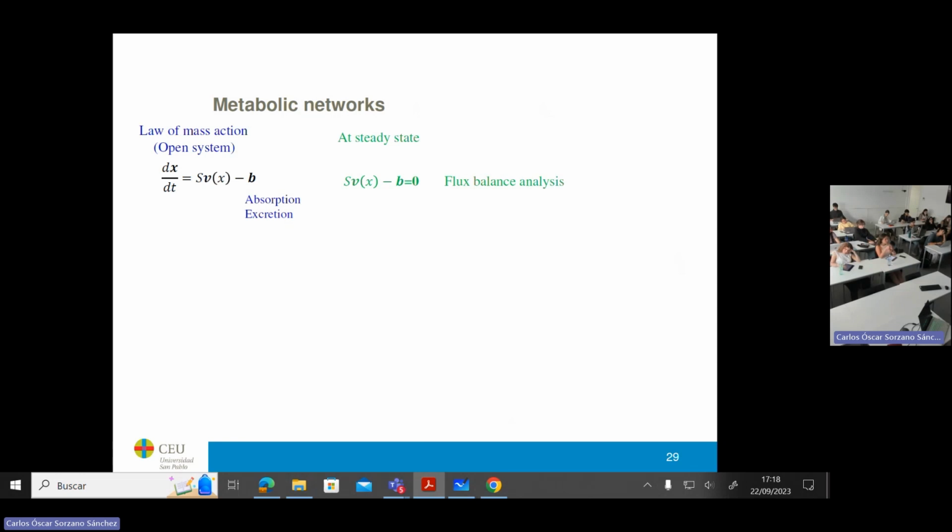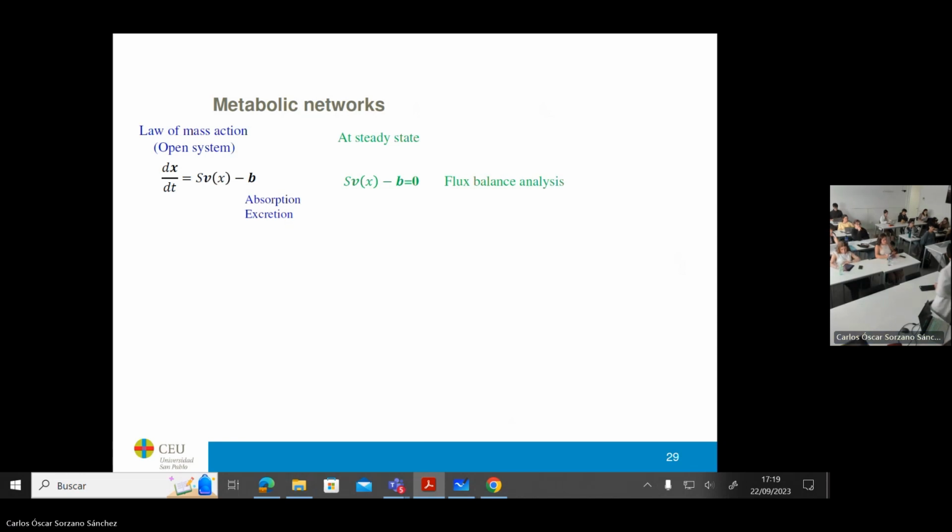If they don't change over time, then this vector is 0. So now this right-hand side is equal to 0. Velocities are known, X is what you are looking for, and this is the input. You are trying to solve for the levels of the different compounds at the steady state. And this technique is also called flux balance analysis.